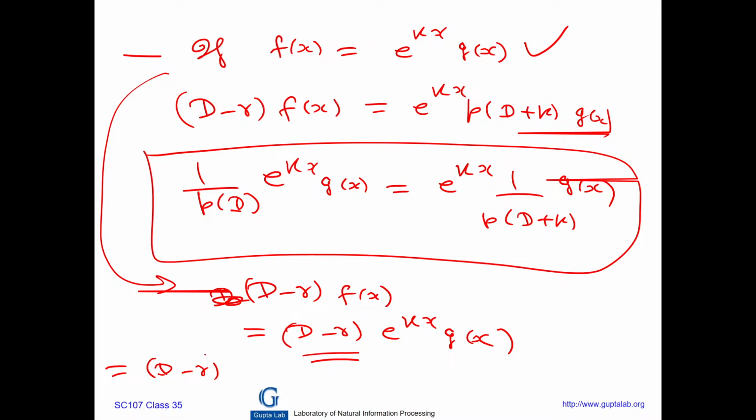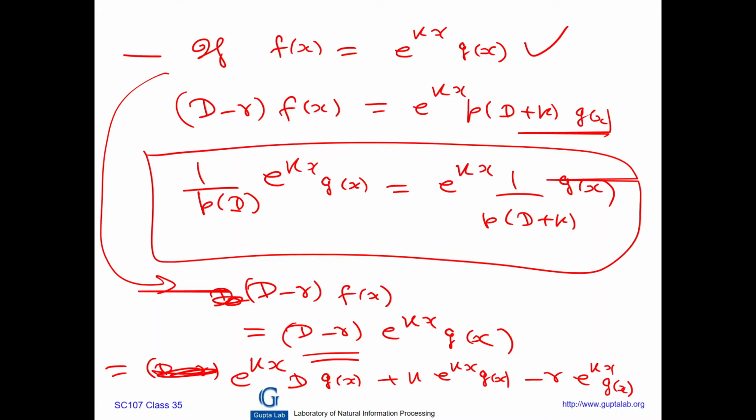Okay, so this is nothing but e raised to power kx, first function, times differentiation of second. So D minus r times g of x, I'm just opening the bracket. So this is D of g of x plus k times e raised to power kx g of x minus r times e raised to power kx g of x.